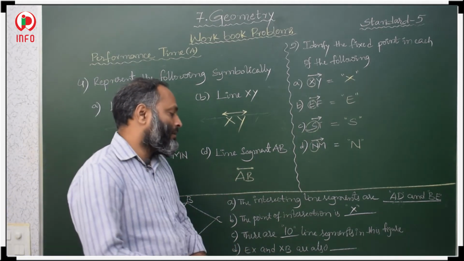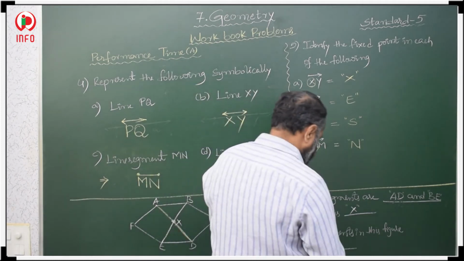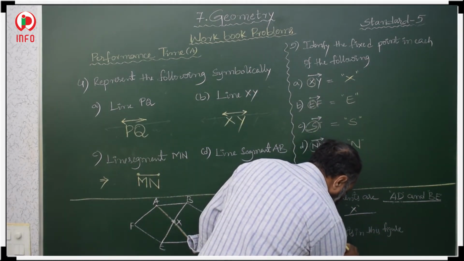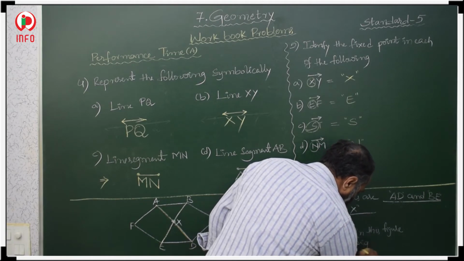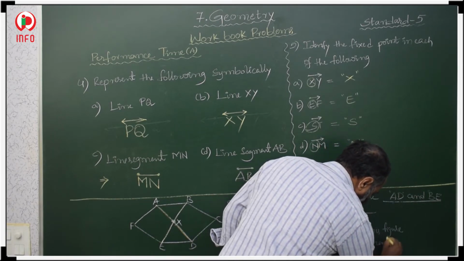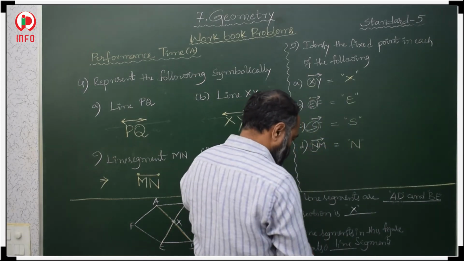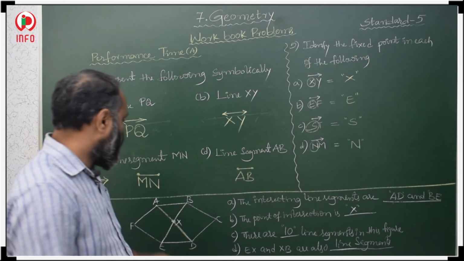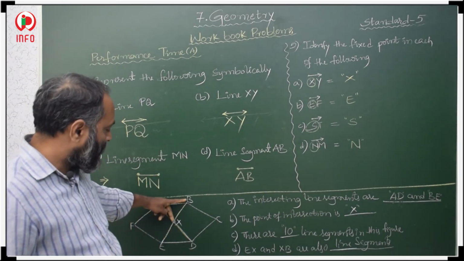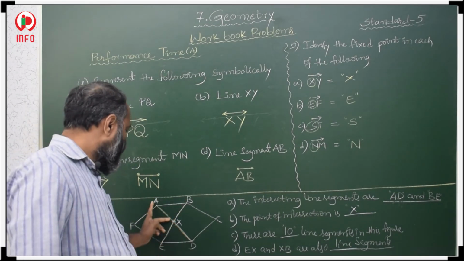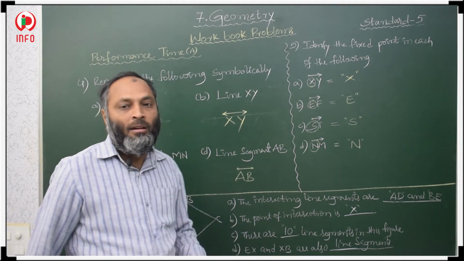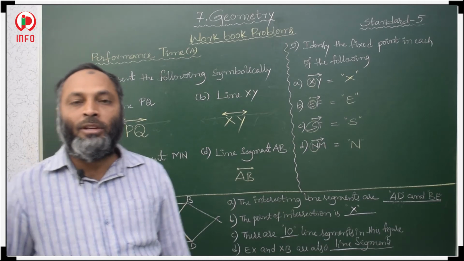So we count them as line segments too: EX, XB, XD and AX. Total 4 line segments. So EX and XB are also line segments. Okay.